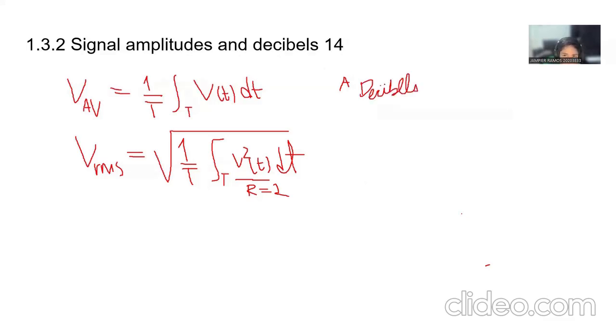Decibels. Decibels are, by definition, the next thing. Sorry, I'm very bad with this. This is 10 times log of, and this is the definition.